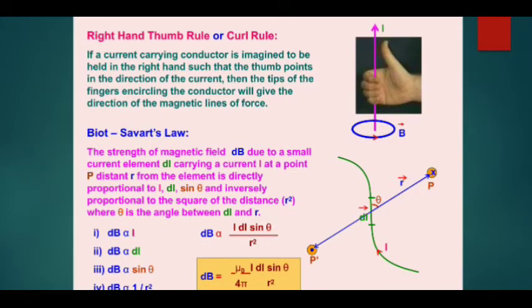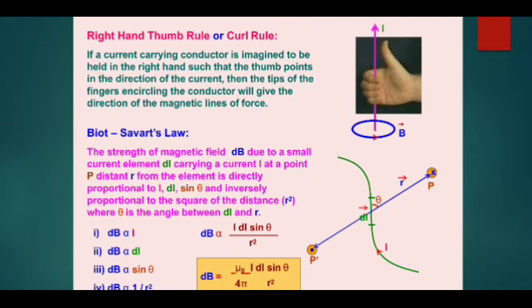The next one is the right hand thumb rule. That is curl rule. So we call it the right hand thumb rule, followed by the magnetic effect of current. What is the right hand thumb rule? The thumb finger represents the direction of current and the fingers represent the direction of magnetic field.